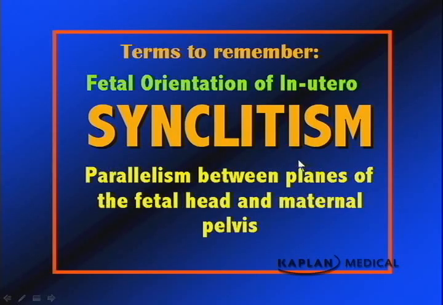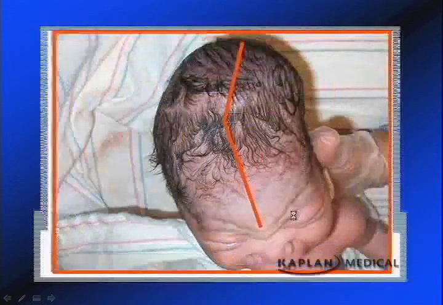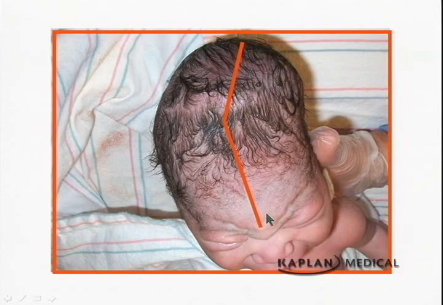The last part of this section on fetal orientation in utero is synclitism. This is a hard concept to get, but I think the pictures may help. Synclitism talks about the parallelism between the planes of the fetal head and of the maternal pelvis. Now this is a baby that did not come down synclitic.